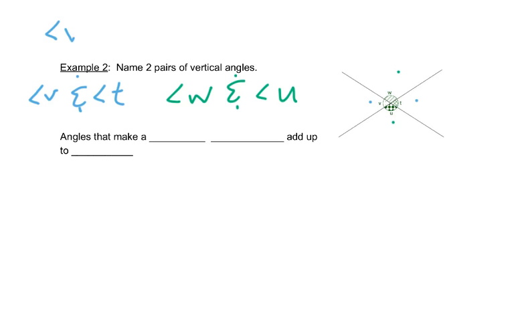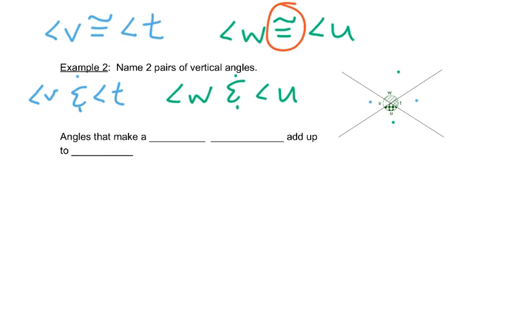So it could say angle V is congruent to angle T, and angle W is congruent to angle U. And this symbol means congruent. It's our way of saying two shapes are the same size, the same measure.